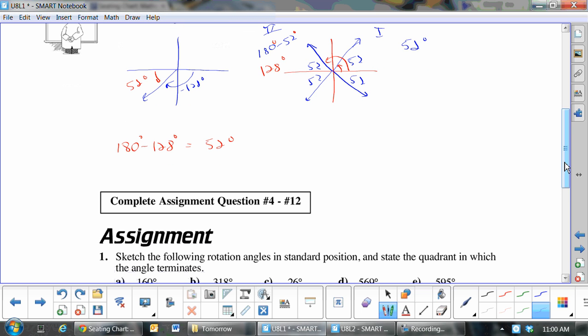Does that make sense? So that's my next one. 180 plus 52 degrees, and that is 232. Okay, and how would you find the very last one? 360 minus 52, and you get 308.